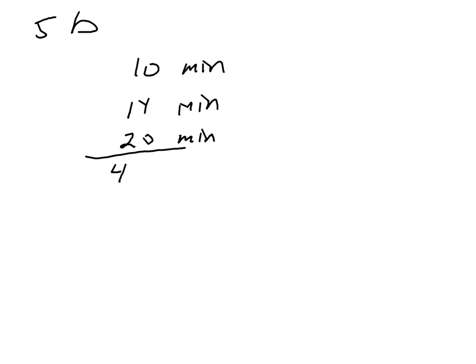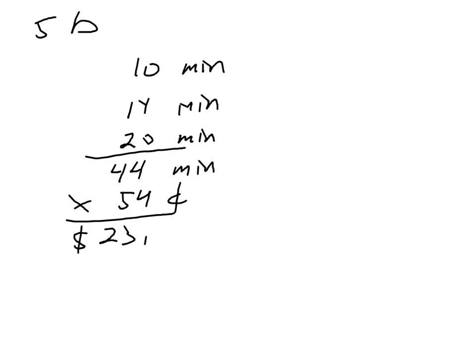So if an order takes all of these tasks, that's going to be 44 minutes total that's needed to process the entire order. We multiply that by our 54-cent rate that we calculated, and we get 23.76.